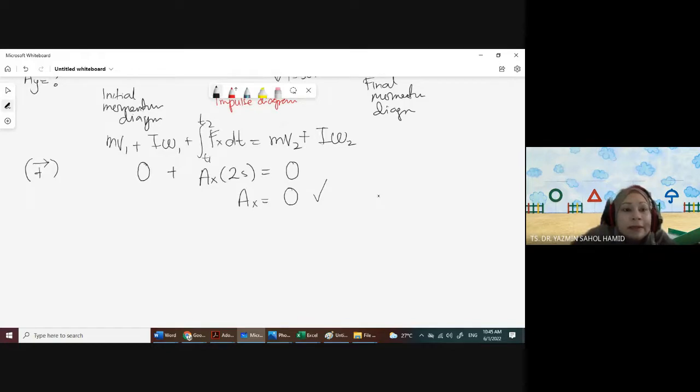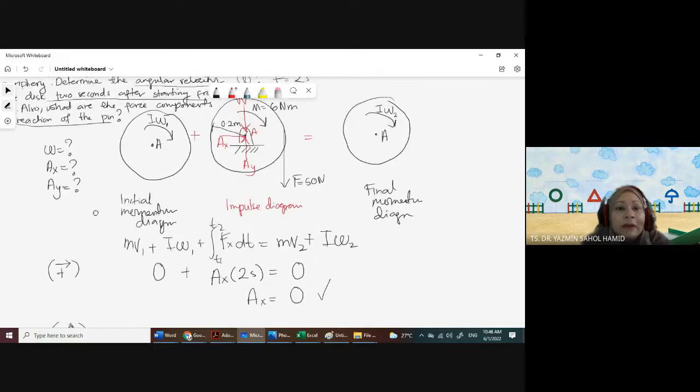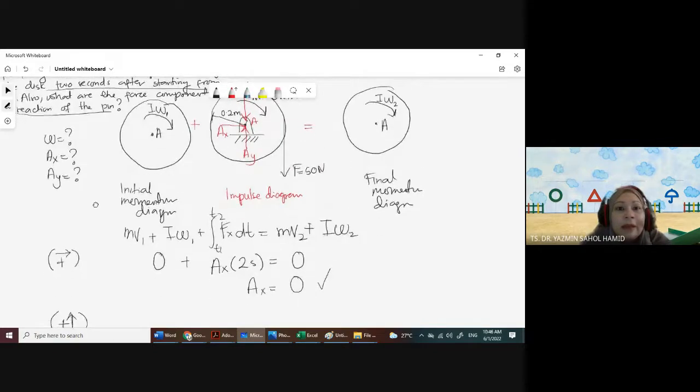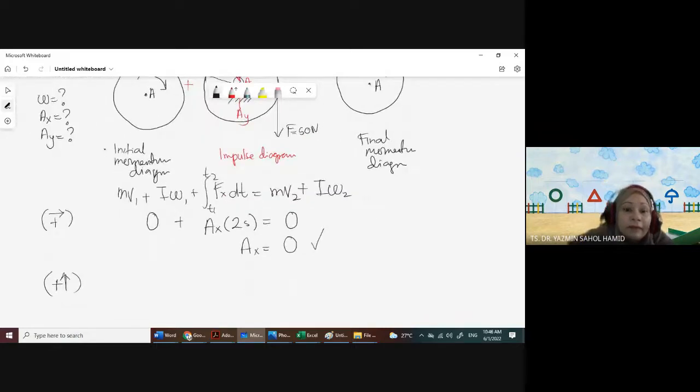Okay. Next, let's do in the direction vertical pula. Okay. So in direction vertical, do you have anything moving in vertical? Is it moving? It's also not moving, right? So kosong jugalah. Okay.